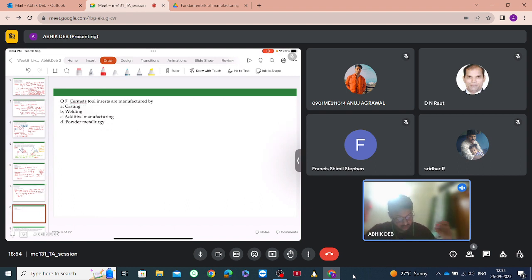Okay. Now the next question: the cermet tool inserts are manufactured by which of these?